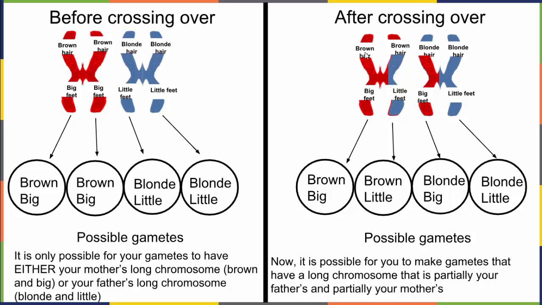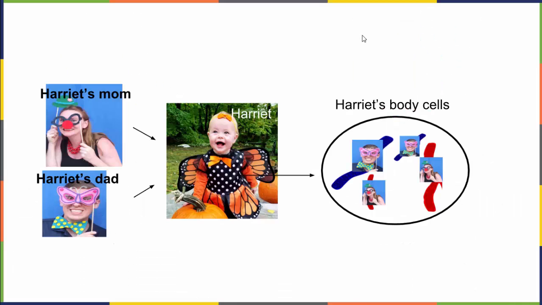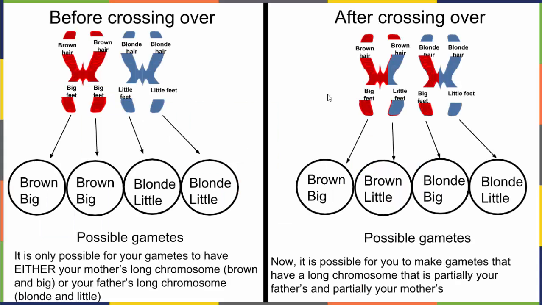The after crossing over, or after recombination, version here is that now we could possibly still pass along brown with big, if this one didn't recombine, and if this one on the far right here didn't recombine, we could still pass along blonde with little. But now we could also pass along the option of brown hair with little feet or blonde hair with big feet.